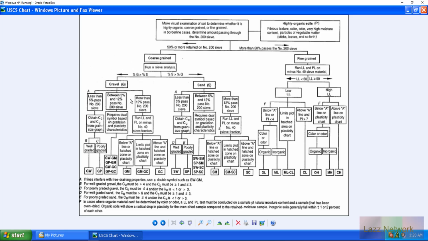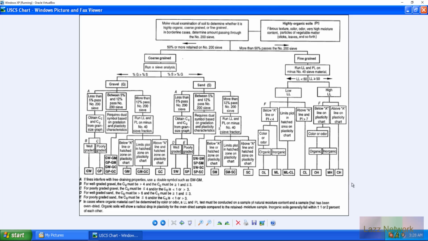Depending on that, we just follow through just how it shows, like we did with the 5% or less passing. If we were between 5 to 12%, then we just have to use a dual symbol. So this is indicating GW-GM, GP-GM, GW-GC, and GP-GC, which I'm going to talk about these symbols as we continue.